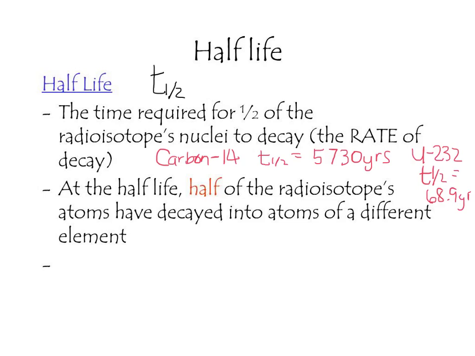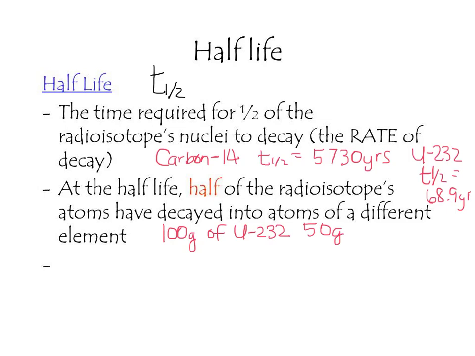Now, at the half-life, only half of the isotopes remain. In other words, if we started with 100 grams of uranium-232, at the half-life, we should end with 50 grams of uranium-232. This will take about 68.9 years. There is an equation that you do need to know in order to perform half-life calculations.